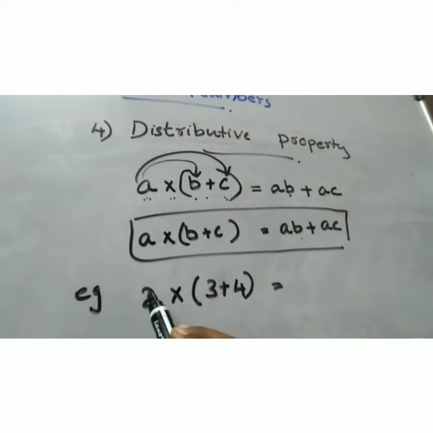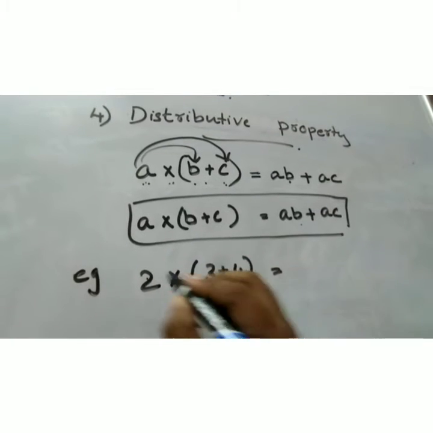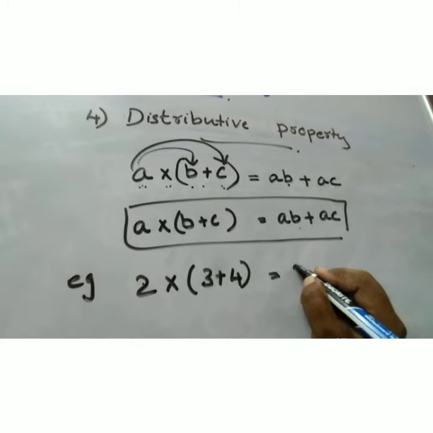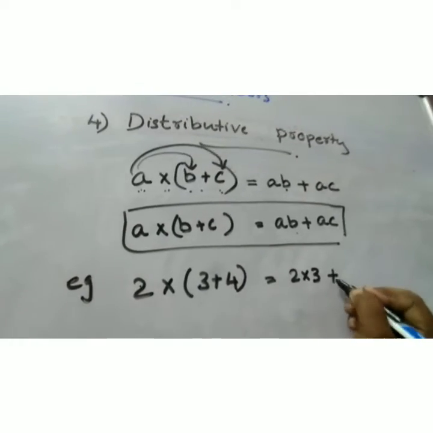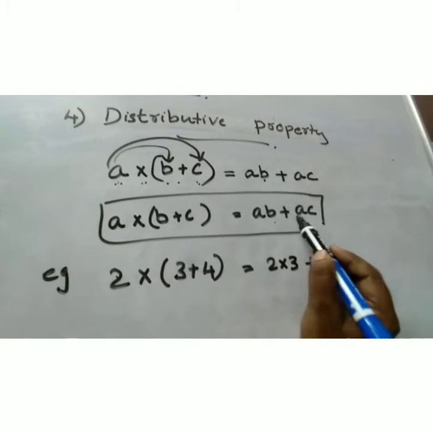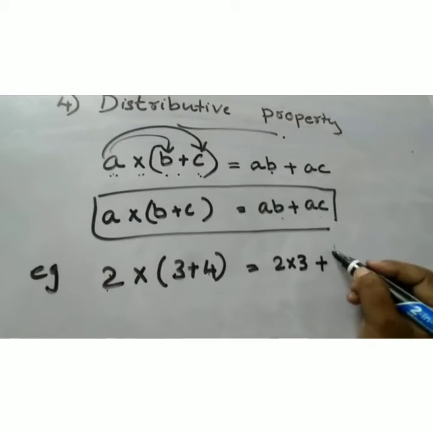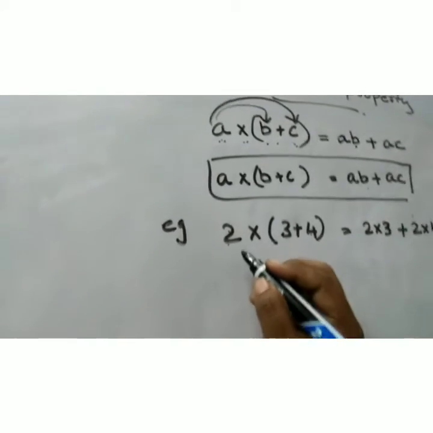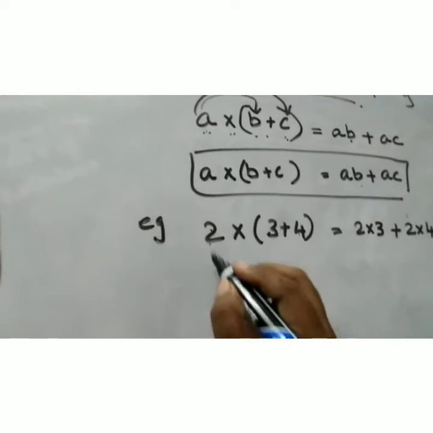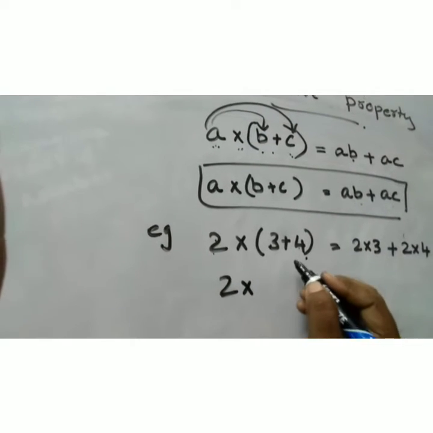AB means 2 into 3, then plus AC. That means 2 into 4. Okay. First we calculate this one, 2 into 3 plus 4, which is 2 into 7.